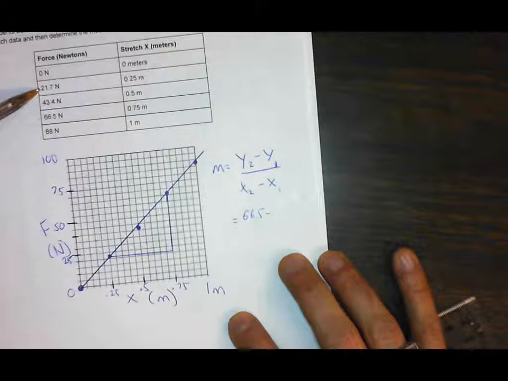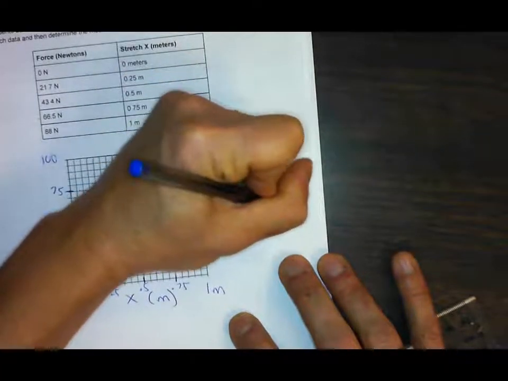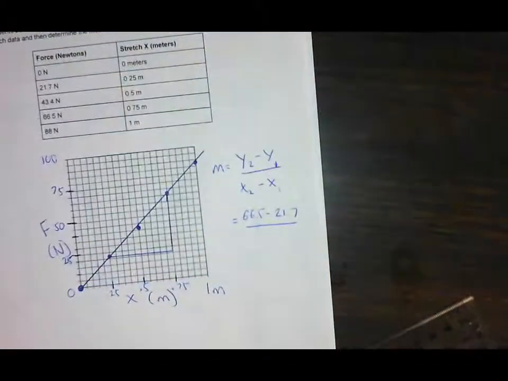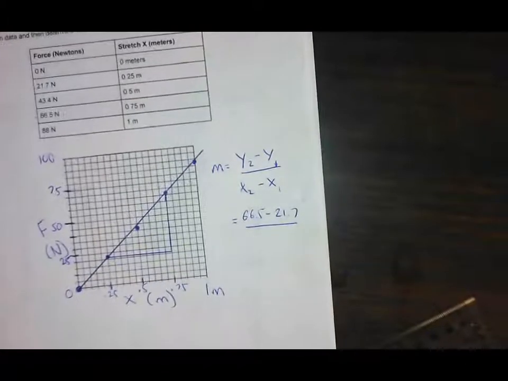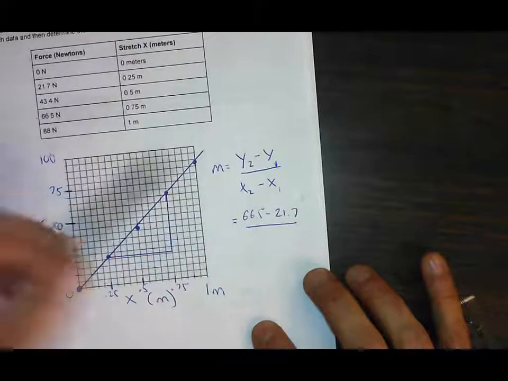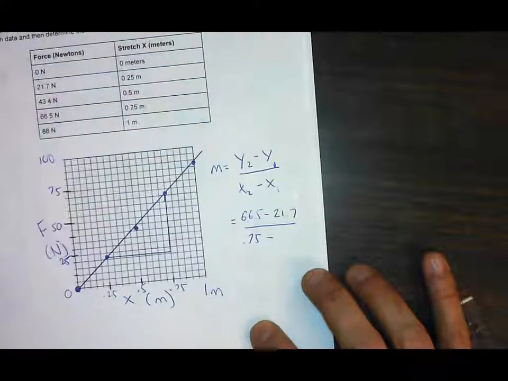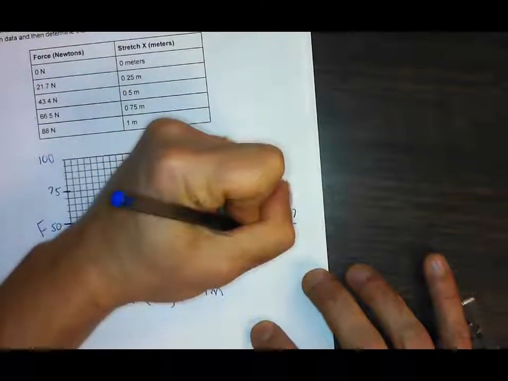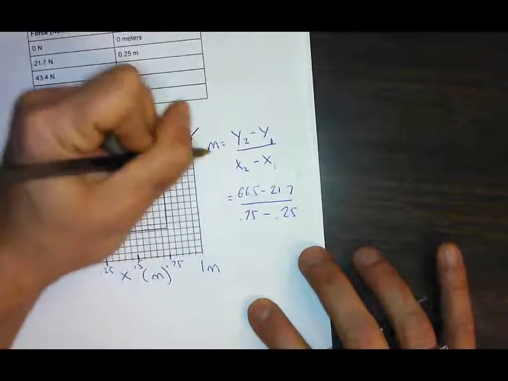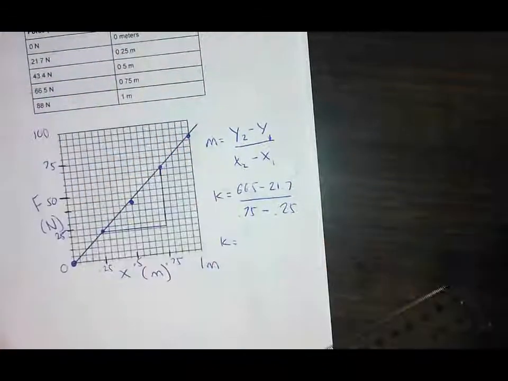It's this value. So 21.7. My x2 was 0.75, and my x1 is 0.25. Again, my slope is my K value, so I'm really just calculating my K value here.